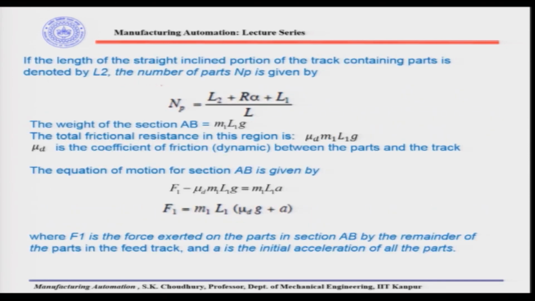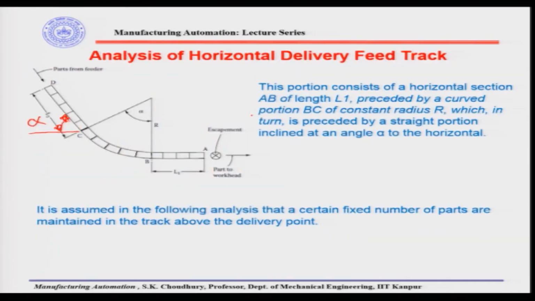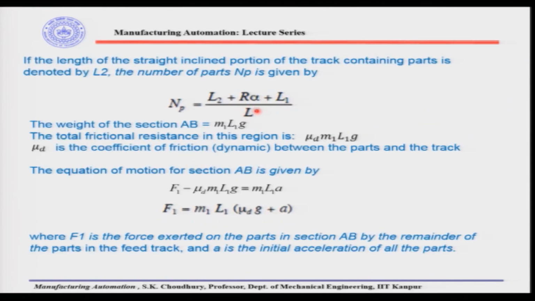In that case, the total number of parts Np on the entire feed track will be equal to L2 plus r into alpha plus L1, divided by the length of the part, capital L.